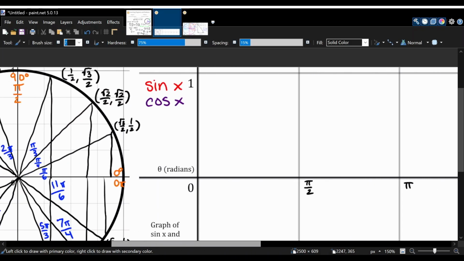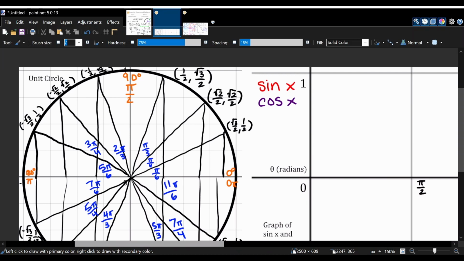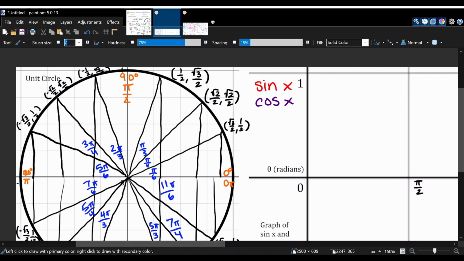Okay, so in my unit circle video, I discussed how for a coordinate point made by a triangle intersecting with the unit circle, the x value is equal to cosine of x, and the y value is equal to sine of x.